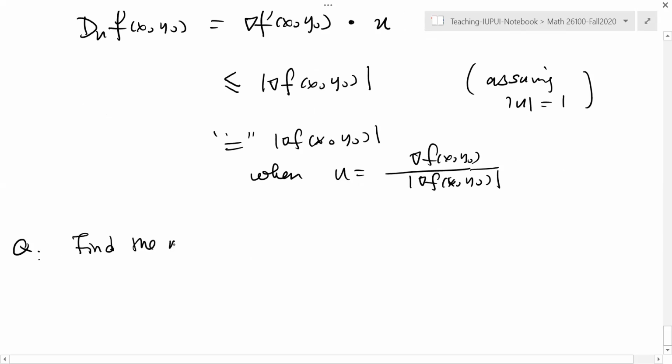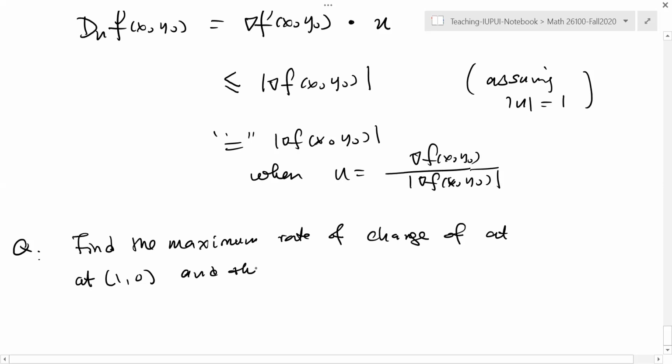Find the maximum rate of change of f at the point (1, 0), and the direction in which it occurs.